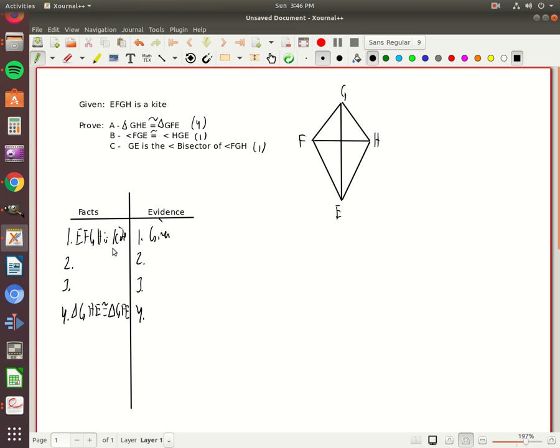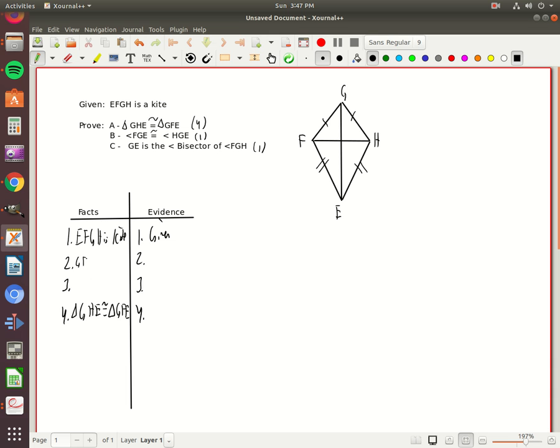We should know that a kite has sets of congruent parts. So I'm going to say that GF is congruent to GH, and I'm going to say that FE is congruent to EH. By the way, you could break those into 2 different steps and make this 5 steps, but I'm just going to make it 1.